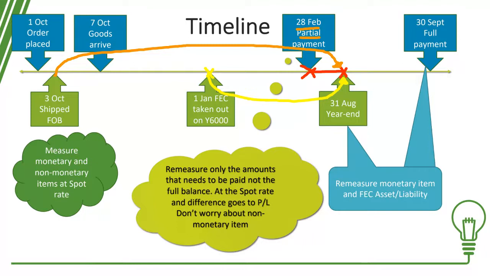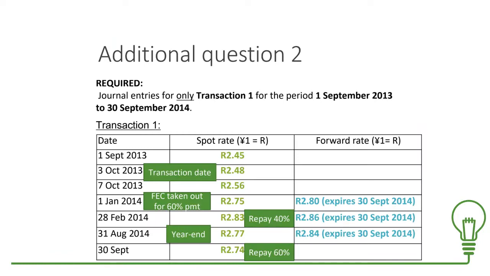Remember, we used the forward rate throughout to measure the FEC, but then right on the last day, we're going to change it, and I'll tell you why. We're going to get to that just now, so don't panic. Now with the creditor, we're moving from 4.8 all the way down to year end of 2.77.